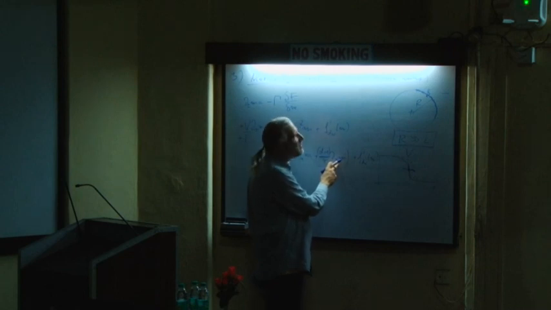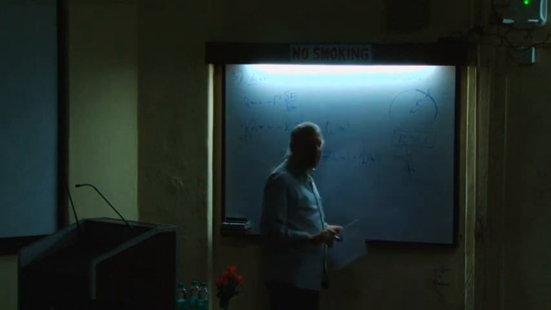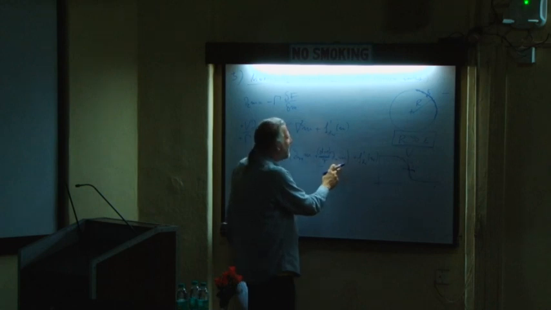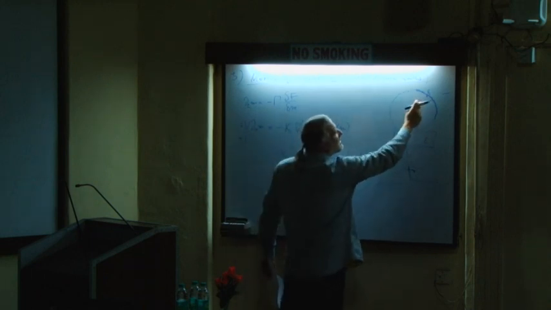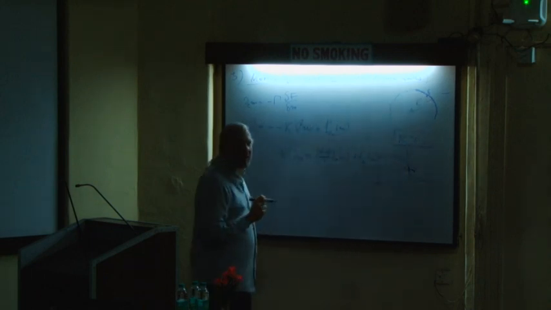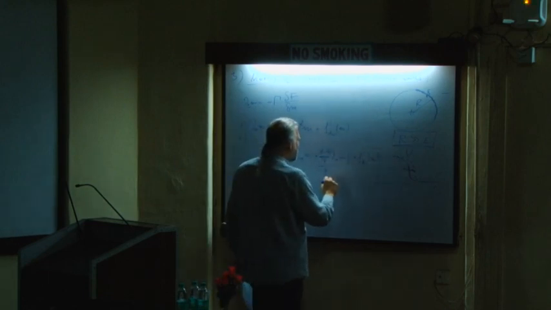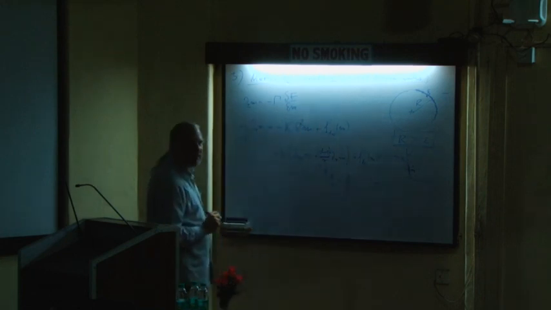This will be important only in the region of the interface. Outside of the interface, it will be approximately 0. So the only place where I need to take into account this term is the interface region. And the interface is at the radial coordinate of big R. So to a good approximation in this term, I can replace 1 over little r with 1 over big R, which is a constant.